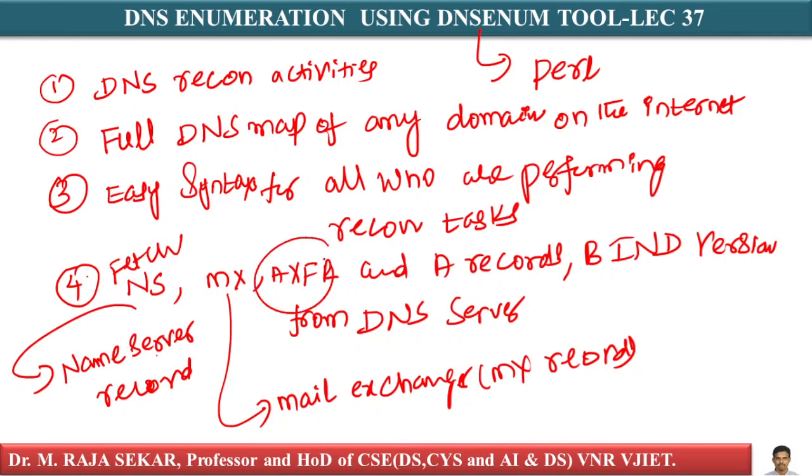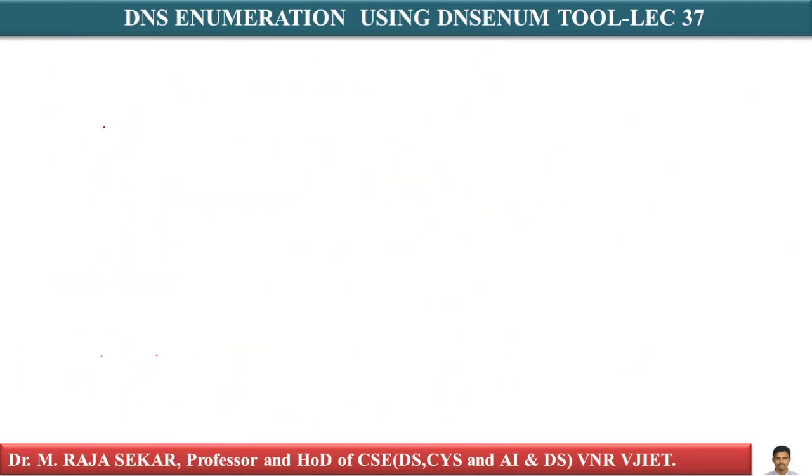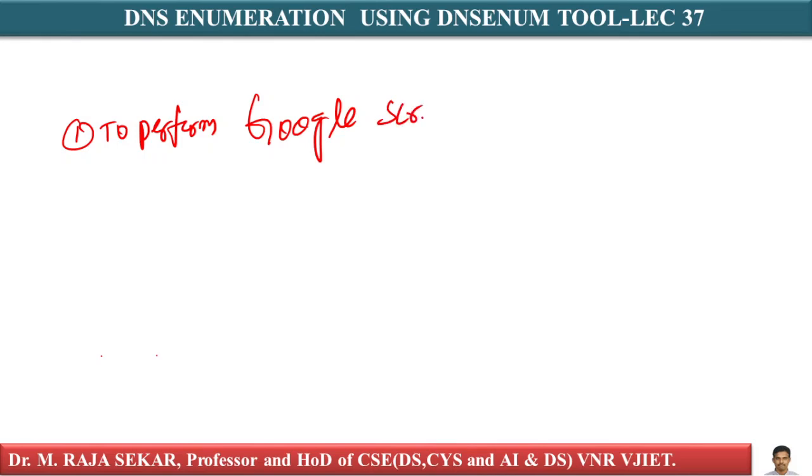This AXFR, I already discussed in my previous lectures. Anyway, we will spend a lot of time on AXFR in our future classes. The DNSenum tool also allows you to perform Google scraping using Google Docs.